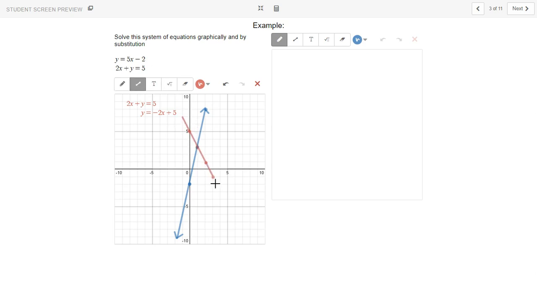Let's extend this line, and we have a point of intersection. So our solution is where the lines intersect, and they intersect at 1, 3.